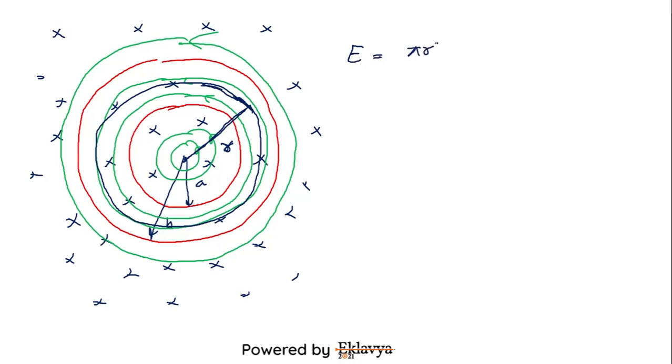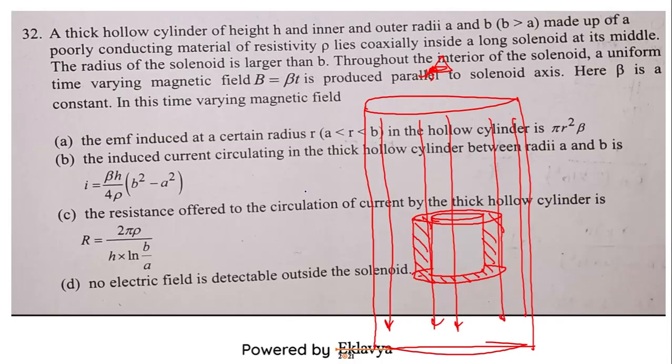So pi r square into magnetic field will become flux. Rate of change of this will be pi r square into dB by dt, and B is given to be beta times t, so the derivative will become beta. So it says pi r square beta, so A option is correct.